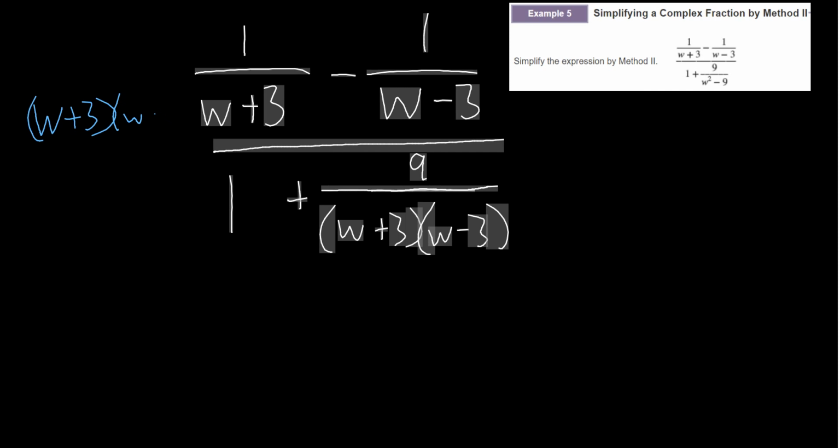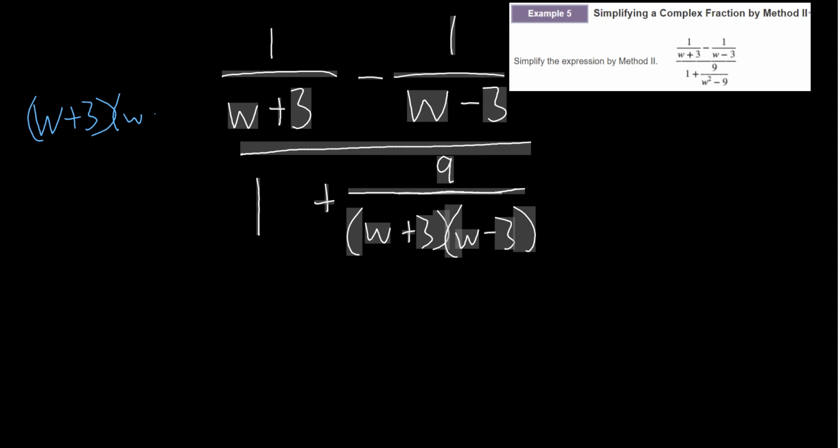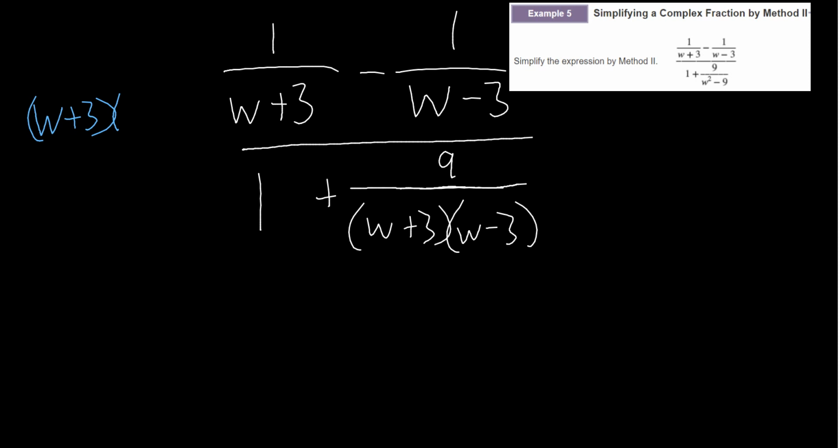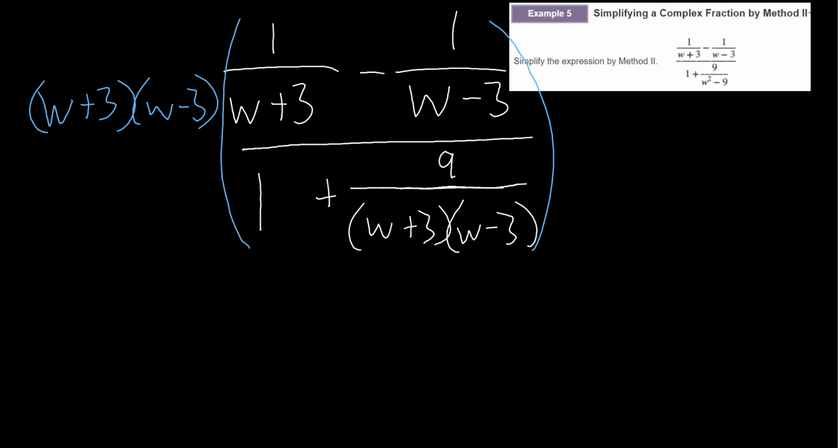We're going to bump right into the problem. There. Okay, so let's try that. So my numerator, W plus 3, W minus 3. All right, and that's going to be multiplied by this whole problem here. W plus 3, W minus 3. Okay. Whew.